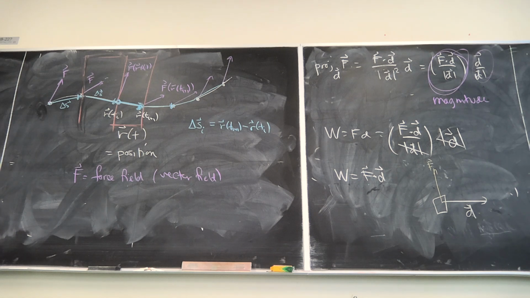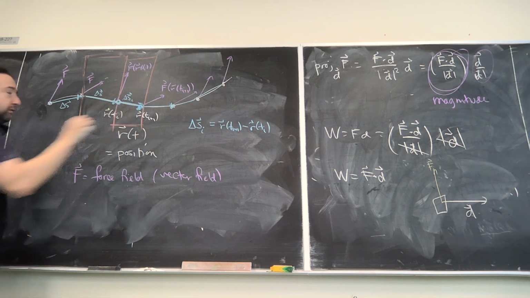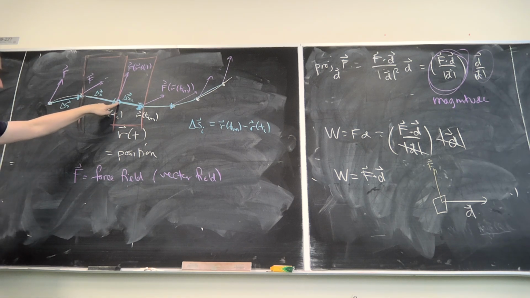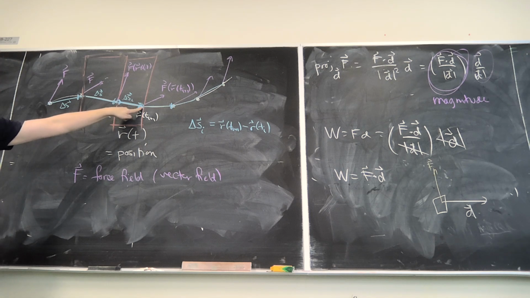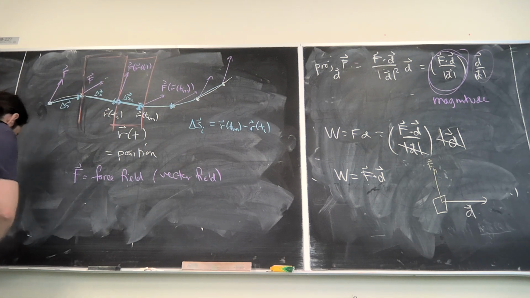Okay, if that's delta S_i, this vector right here, a vector quantity, how much is the work done in that little frame right there? If the particle traveled from this point to that one with that displacement vector, subject to that force, what would the work be?